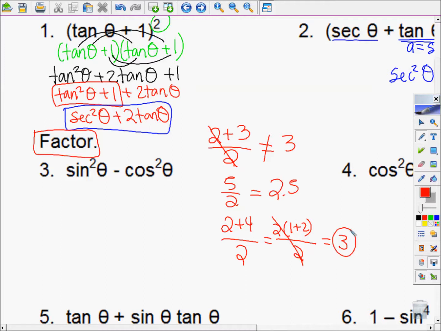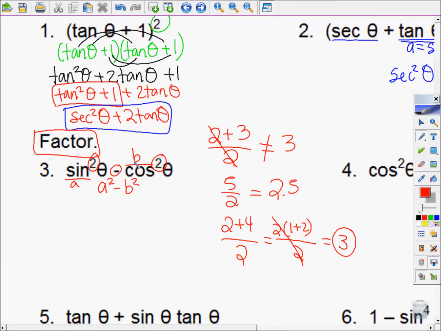Okay? So what we're simulating is that these are the numerators of a fraction, and we have something in the denominator that can cancel out with it, but it is not in this form. We have to get it to that form. Okay? Sine squared theta minus cosine squared. Notice how I have squared, minus, and squared. So this comes back to being a squared minus b squared, right? And in this problem, my a is sine and my b is cosine.